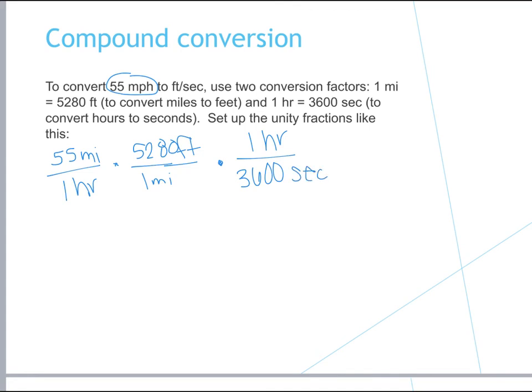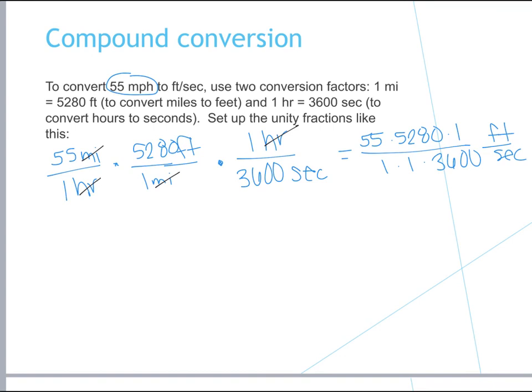Just so you can see what we've canceled, miles are canceling, hours are canceling. And now we're going to multiply across. So you're going to do 55 times 5,280 times 1 over 1 times 1 times 3,600. And remember what we're left with, feet per second.